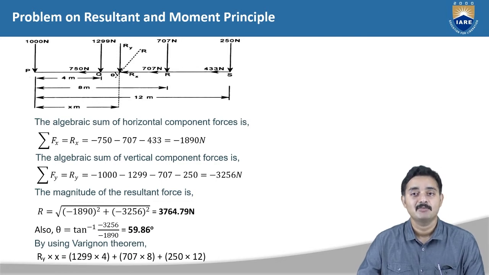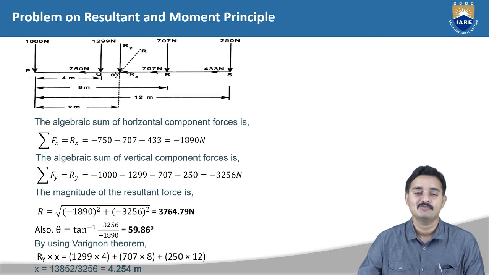Here we have taken positive sign because the moments are clockwise about point P. Therefore, x is equal to 13852 by 3256. That gives the value as 4.254 meters. Hence, the resultant of the force is 3764.979 newtons acting at an inclination of 59.86 degrees to the horizontal at 4.254 meters from the point P.